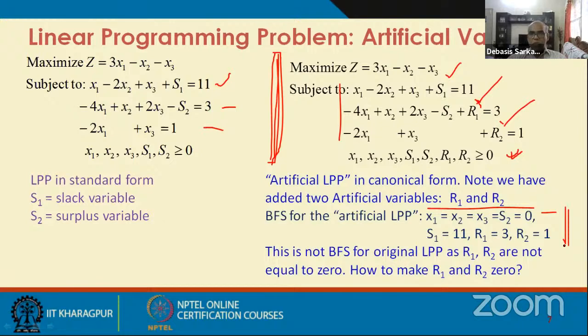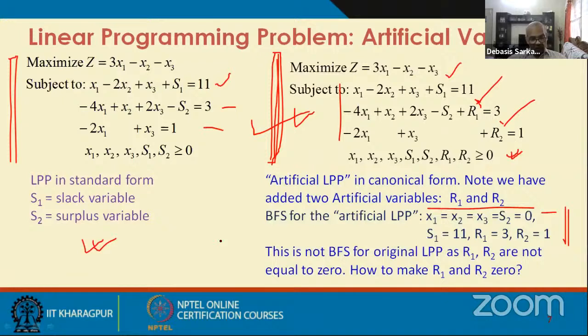But this basic feasible solution is not a basic feasible solution for the original linear programming problem, because R1 and R2 are not 0, and R1 and R2 are not part of the original problem. I have introduced them artificially just to obtain the initial basic feasible solution. So if I can obtain a basic feasible solution for this problem where R1 and R2 equal 0, that basic feasible solution becomes a basic feasible solution for the original problem as well.